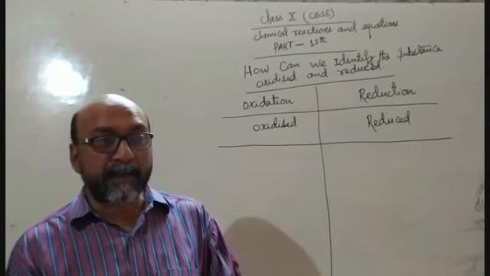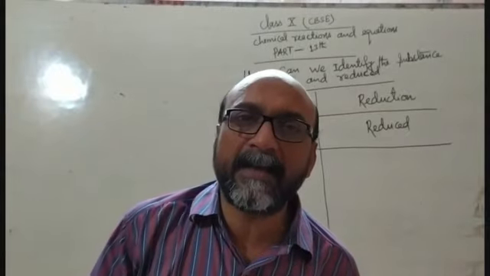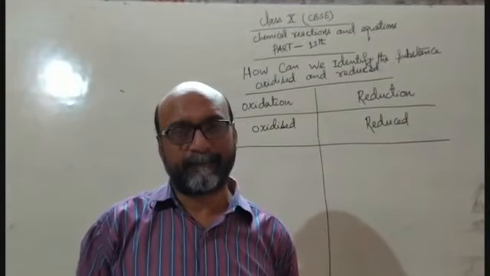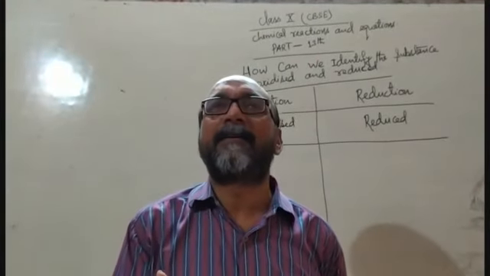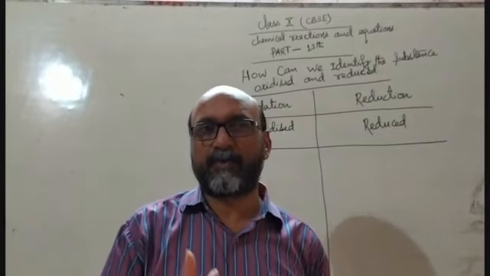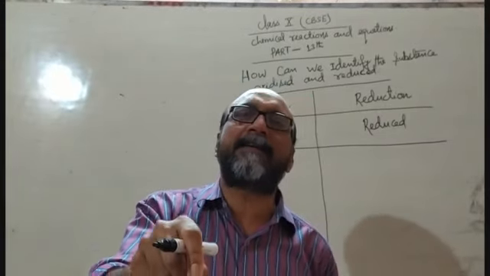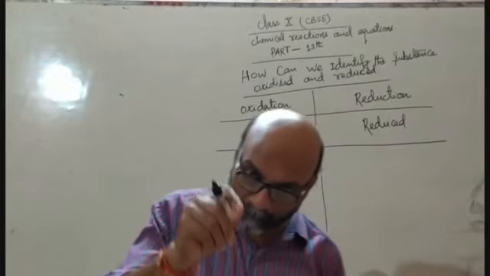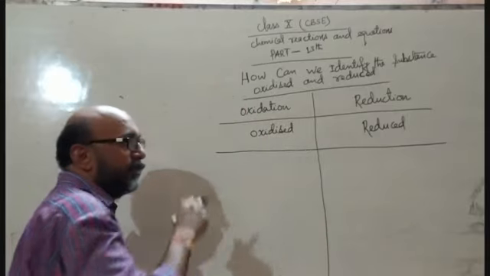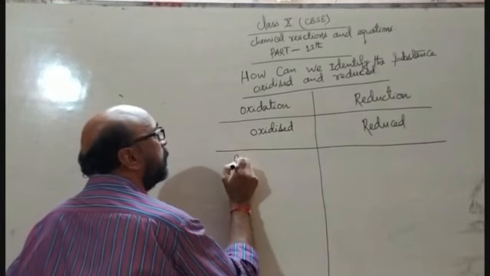When the question is asked as indicate the reducing agent and oxidizing agent in the following chemical reaction, then usually the student misses and gets confused to identify the reducing agent and oxidizing agent correctly, because the substance which undergoes oxidation or the substance which is oxidized is called reducing agent.